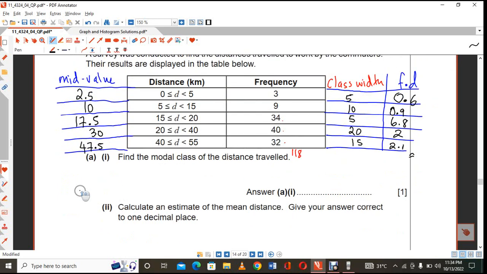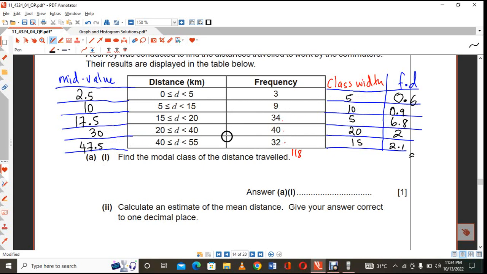Right, so for the first part, when they are asking for the modal class, here's what I want you to see. Since the class widths are not the same, the modal class will be the one that has the highest frequency density.